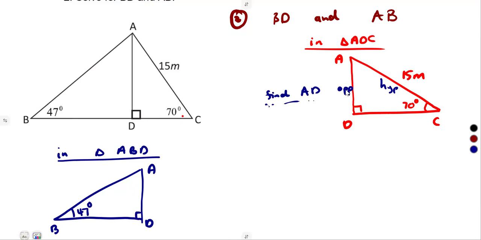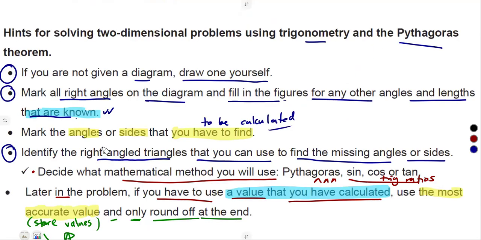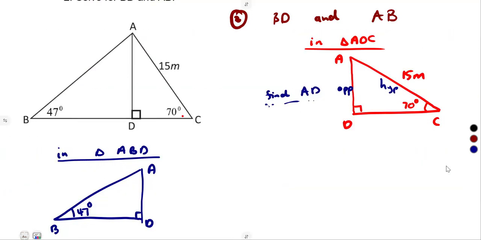There is only one ratio, guys, that has these two, opposite and hypotenuse. That is where you have to decide what you are going to use: is it Pythagoras or a trigonometrical ratio? In our case, the trig ratio is sine, where there is opposite and hypotenuse. SOH CAH TOA. Opposite over hypotenuse.